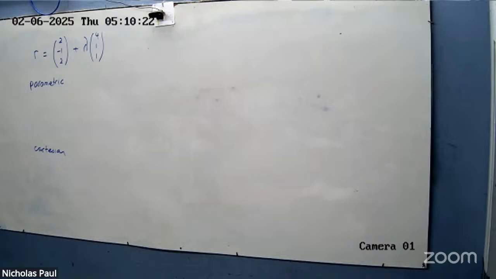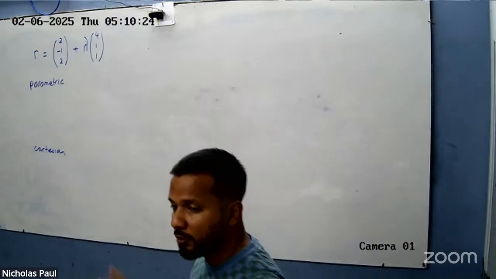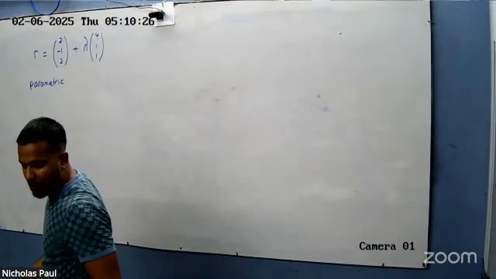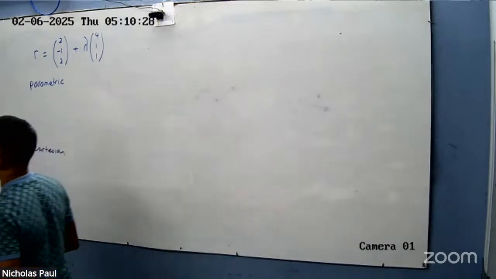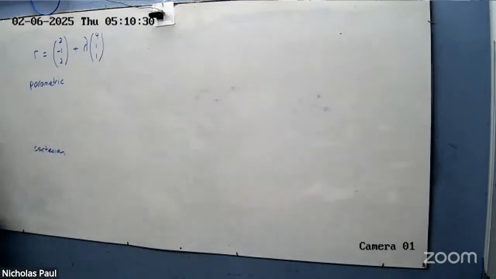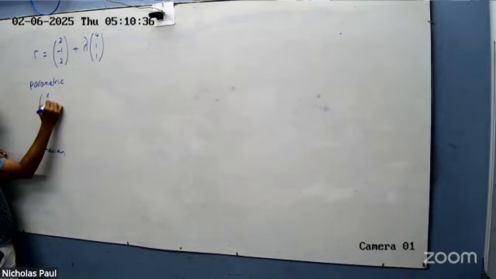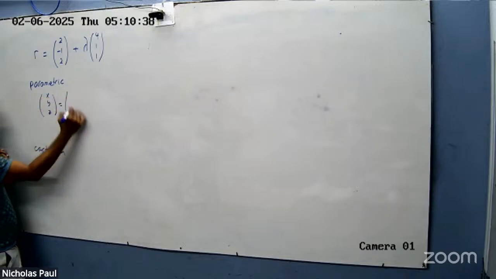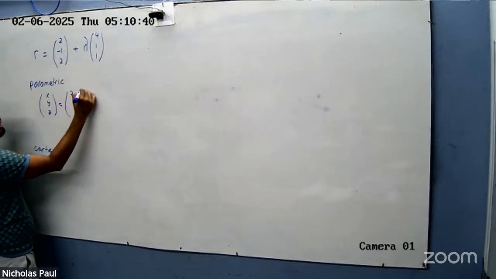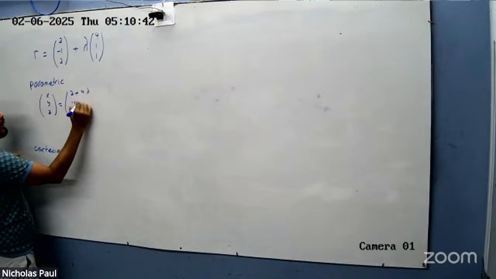All right, so as a quick review, we need to be able to find the parametric form. Real simple. All we have to do is write A as a variable, X, Y, and Z, and make it equal to this, which is 2 plus 4 lambda, minus 1 plus lambda, 2 plus lambda.